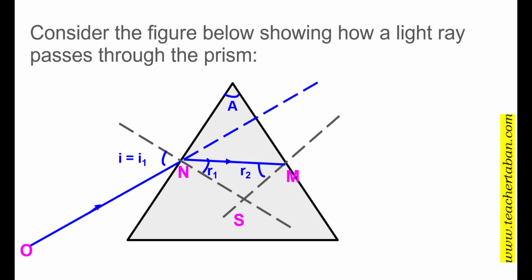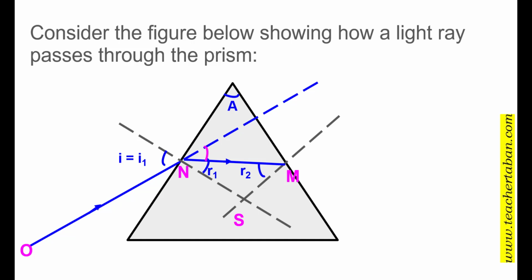But because there is a change in the refracting media, at point N we have the angle of refraction R1, and then at another point M we have the angle of refraction R2. At M, that ray of light NM, you can call it the incident ray at point M. But as far as prisms are concerned, we shall be calling R1, R2 the angles of refraction.